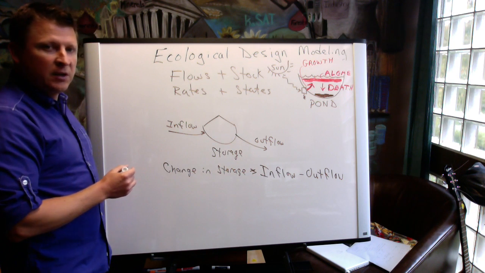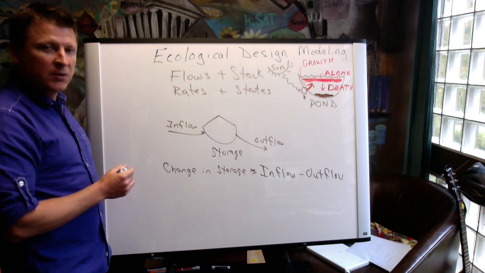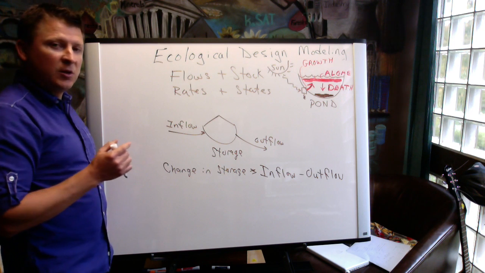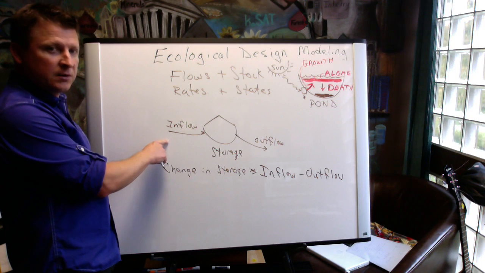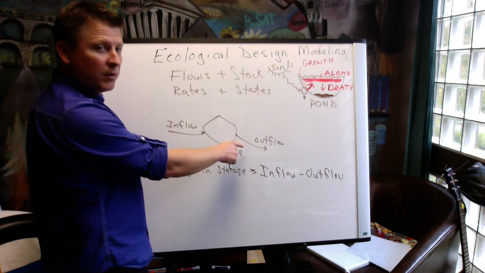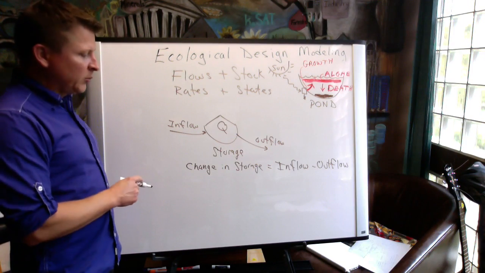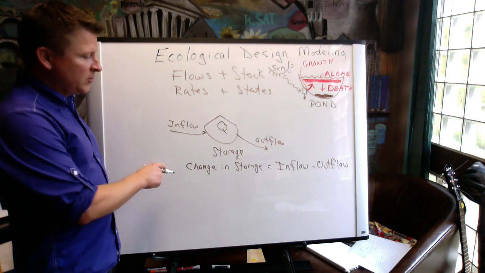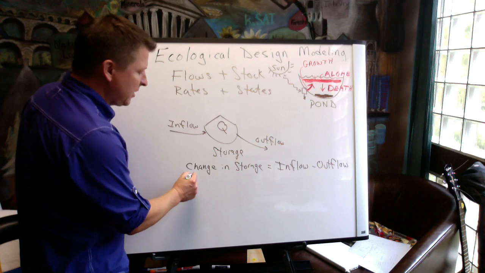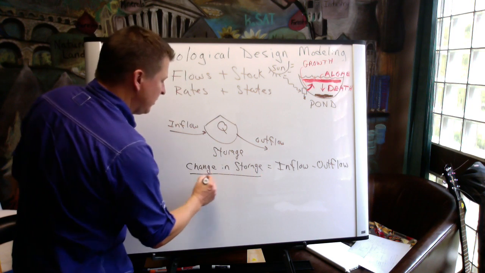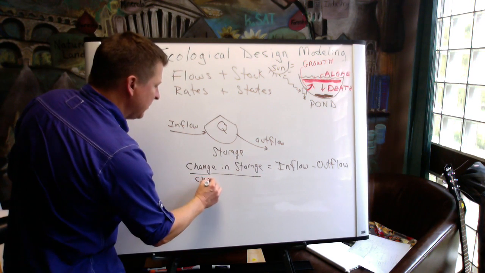And the amount of money that you have tomorrow is going to be how much money you had today plus any deposits minus any withdrawals. And so one of the things we need to add to this equation is that the change in storage is actually the change per unit of change in time.